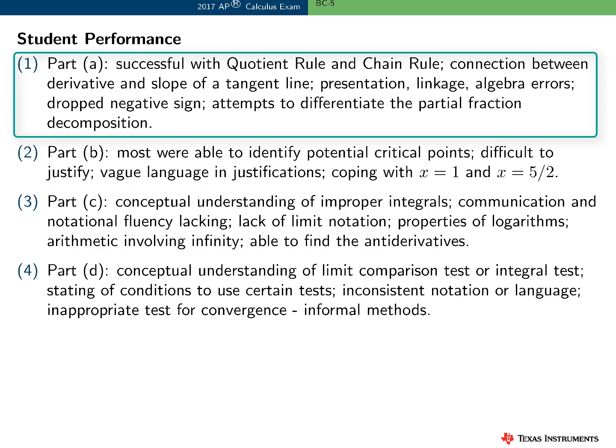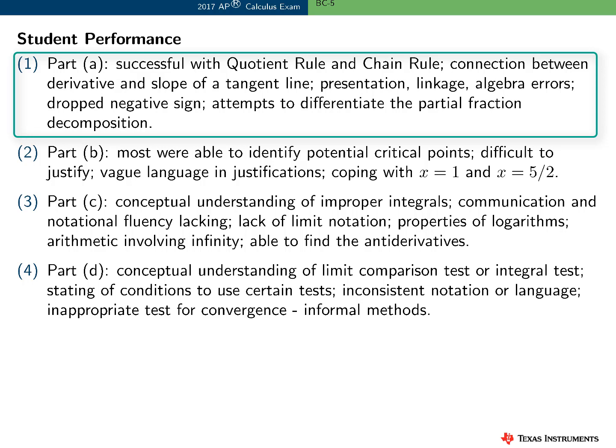Here are some brief comments about student performance on this question. In Part A, most students were successful in using the quotient rule and the chain rule, and making the connection between the derivative and the slope of a tangent line. However, there were some presentation, linkage, and algebra errors.